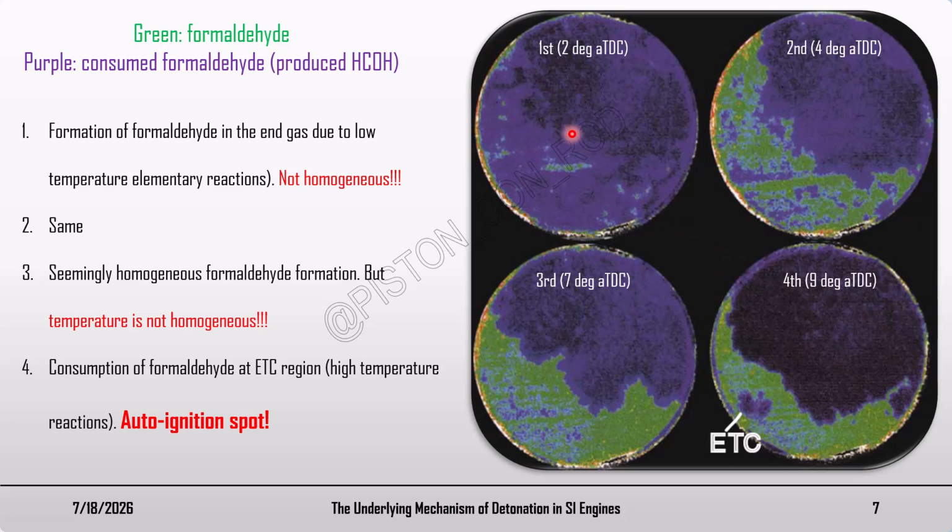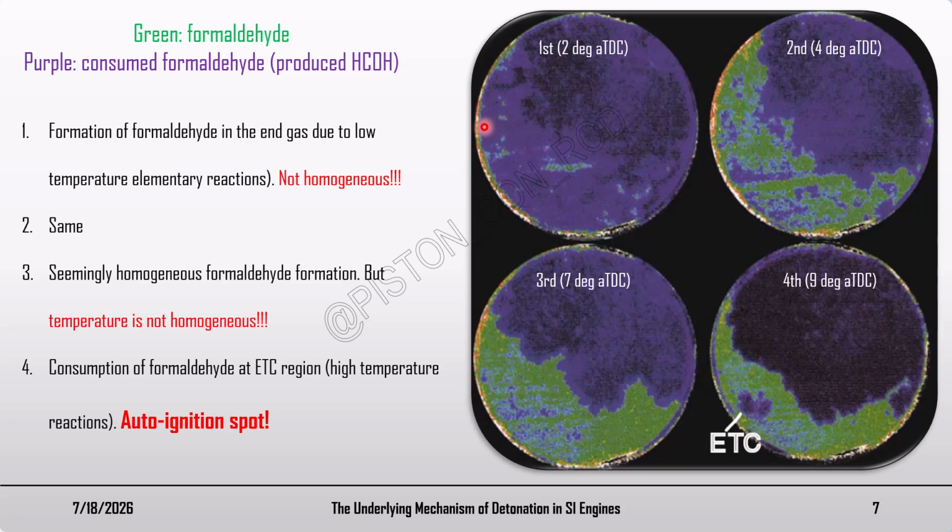So the difference between first and fourth image is around 7 degrees of crank angle. As you can see, this is the flame front, this part here. After 2 degrees, it has advanced to this level. Before that, it was probably here, and in this picture, it's probably around here.